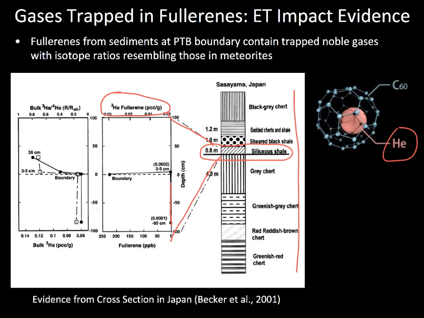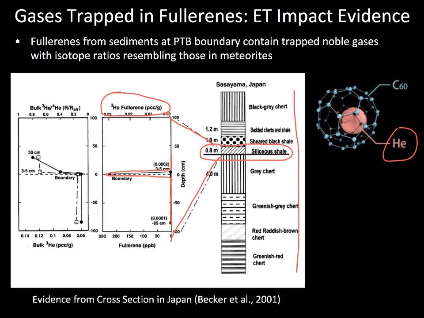And then right as you get up to the Permian-Triassic boundary, strangely, there's this weird spike in the amount of helium-3. As I mentioned, helium-3 is very present in meteorites. So this is associative evidence that they're using to suggest that there was an extraterrestrial impact that hit the Earth around this time period.